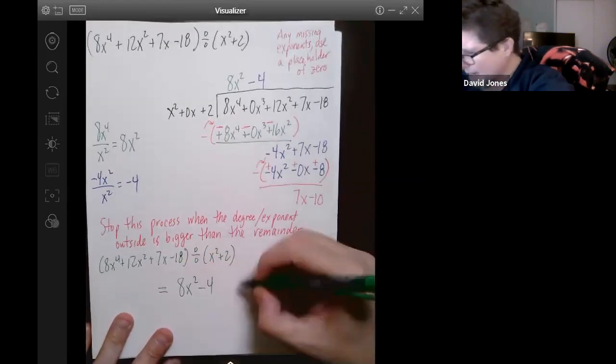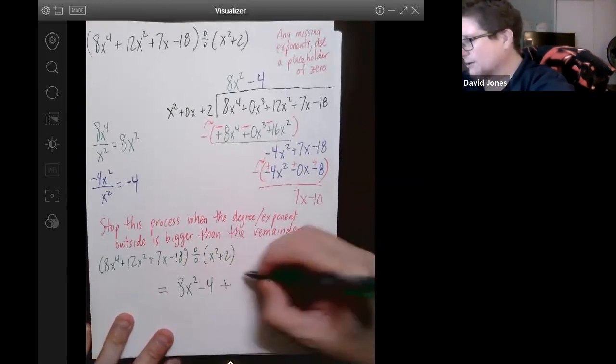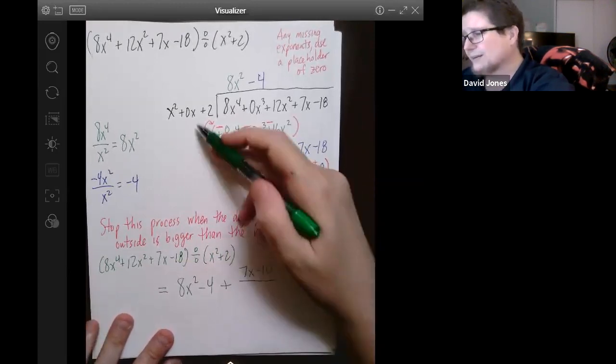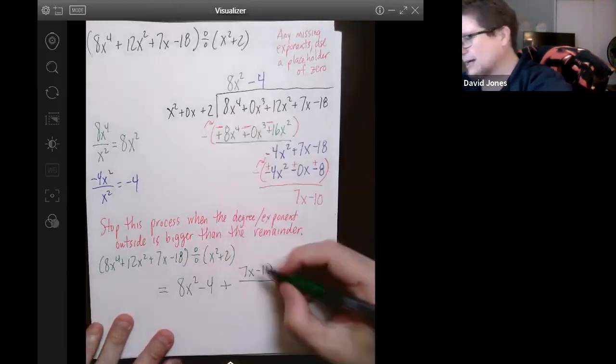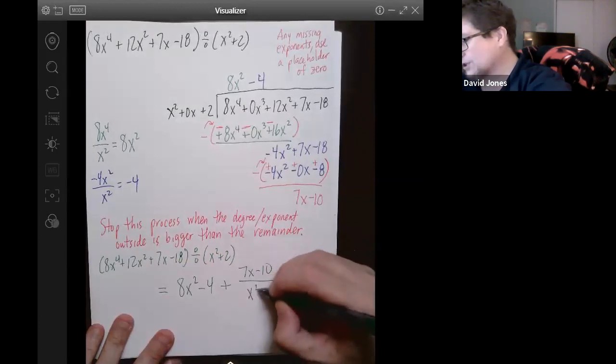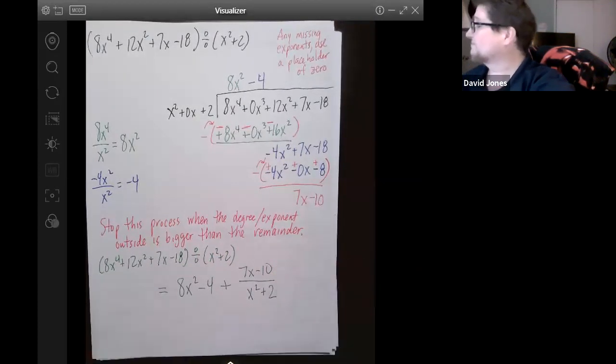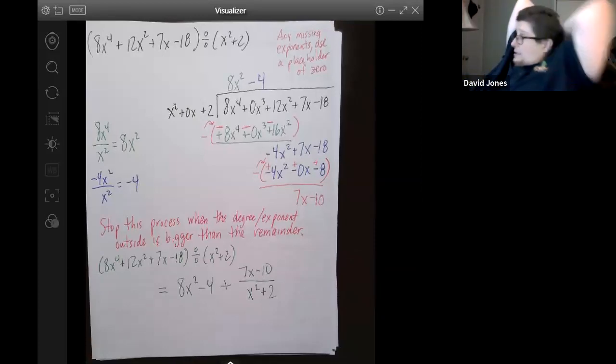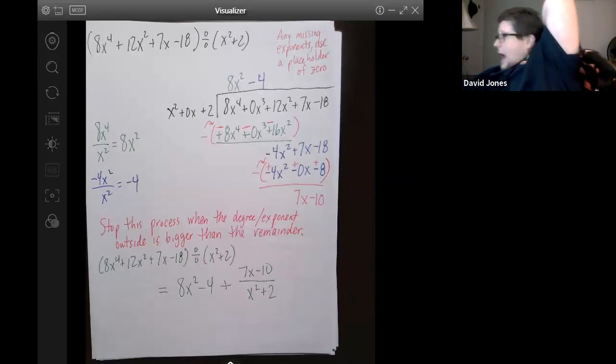And then I'm going to say plus whatever the remainder is, 7x minus 10 over what's outside. And here I won't use the 0x. I'm just going to put x squared plus 2. I think that's good for now.